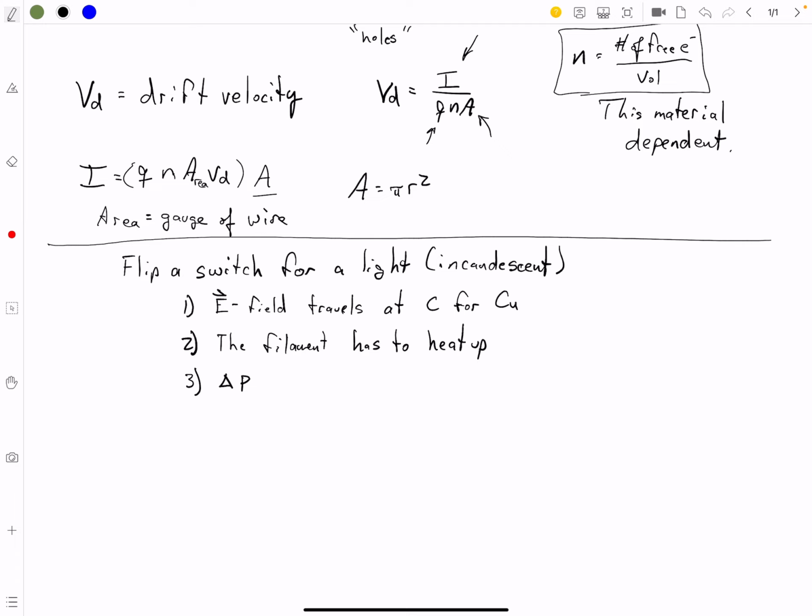So the electron pressure in the circuit, that electron pressure is a pressure wave, and that pressure wave travels through the circuit, but at a speed that is much less than c.